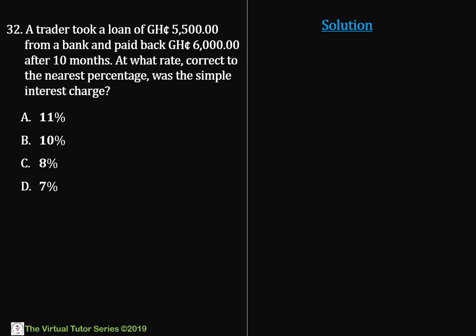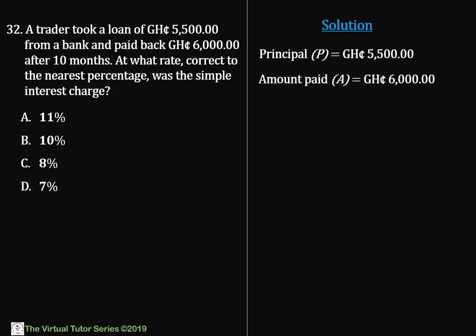The principal, P, is 5,500 Ghana cedis. The amount paid, A, is 6,000 Ghana cedis. The time, T, is 10 months, which can be expressed as 10 over 12 or 5 over 6 in years.